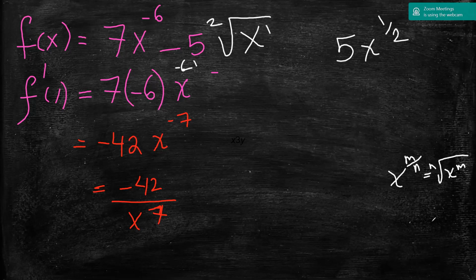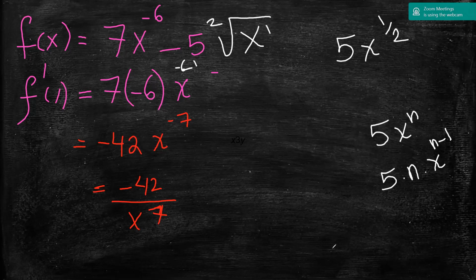Then we say that if you have a number, as an example, times x raised to the power n, you have to put the 5 outside, times n times x raised to the power n minus 1.